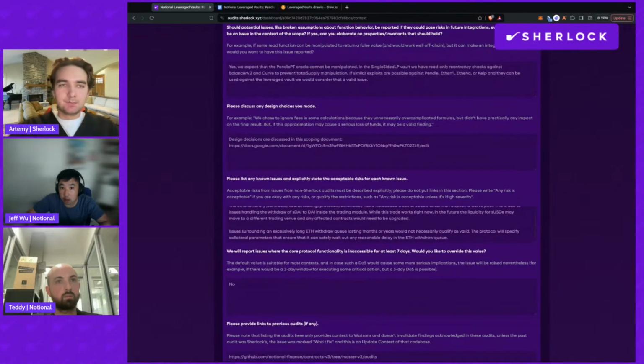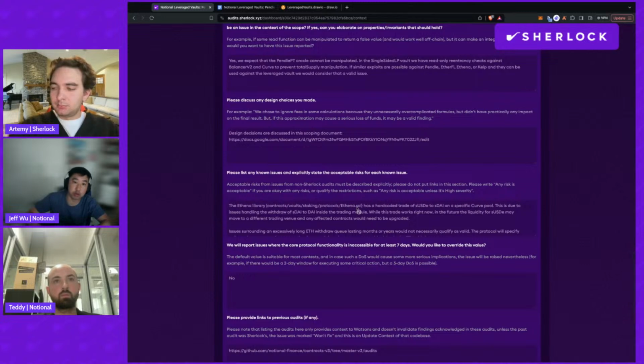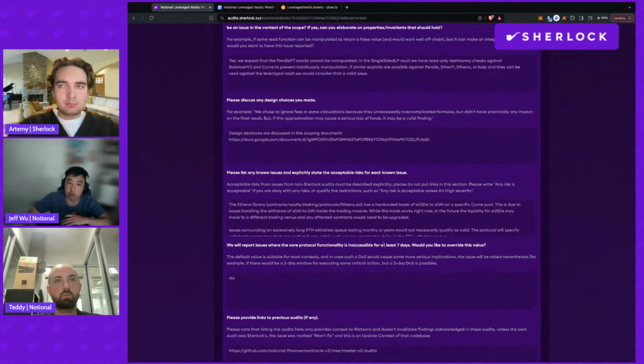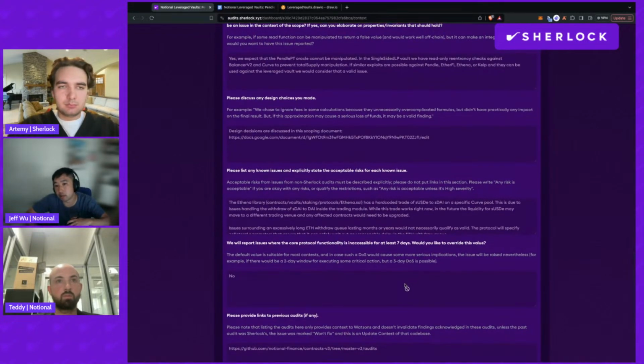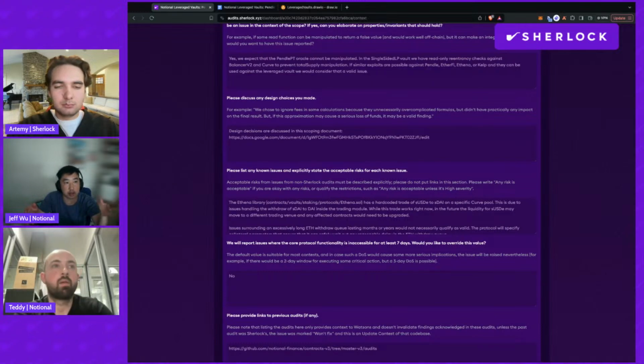And then, okay, acceptable issues and risks. Inside one of the libraries, there is a hard-coded trade path to exit staked Ethena USDe back through SDI on a very specific Curve pool. At the time of writing these contracts, that was a primary venue for DEX liquidity against staked USDe.